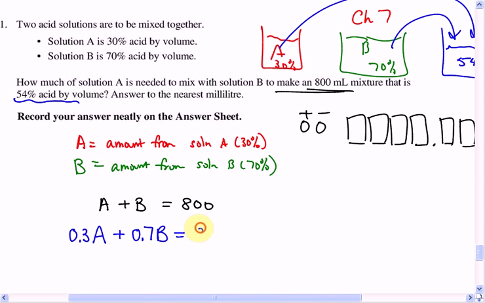Yeah, 54%. But it's 54% of the entire mixture, right? So what's the entire volume here of the entire mixture? A plus B, right? Or 800.